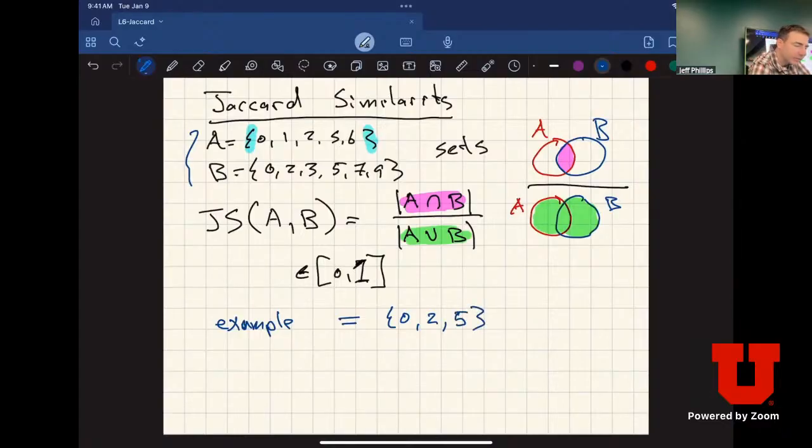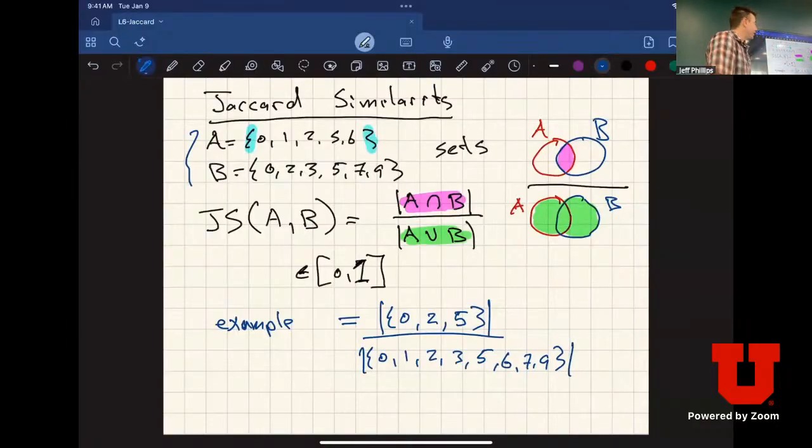That's the intersection. We're going to look at the cardinality of it, and divide by the cardinality of the union of what's in the two sets: 0, 1, 2, 3, 5, 6, 7, 9.